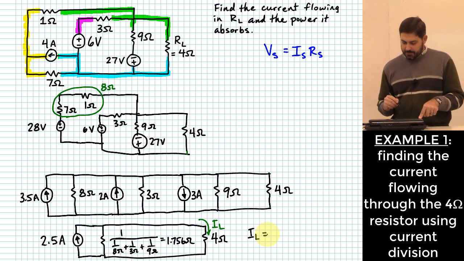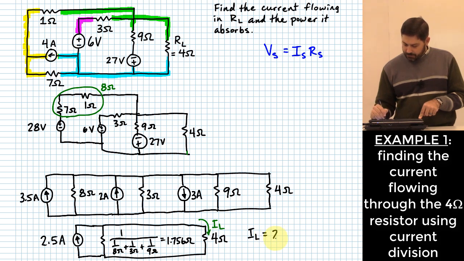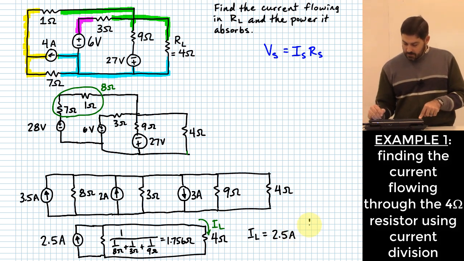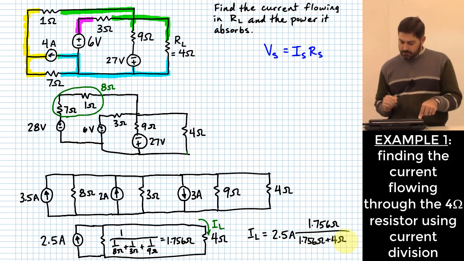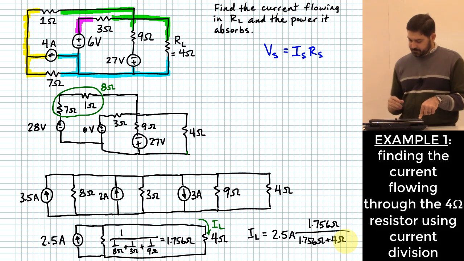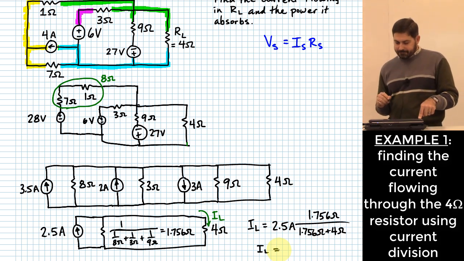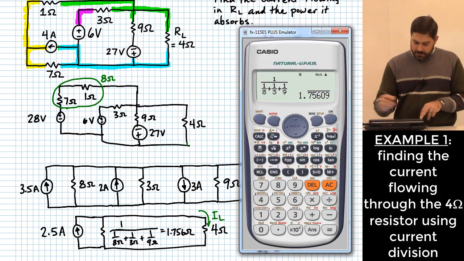IL is going to be 2.5 amps times what? I'm going to do current division here again. 1.756 ohms over 1.756 ohms plus 4 ohms. So IL is going to be whatever that turns out to be.